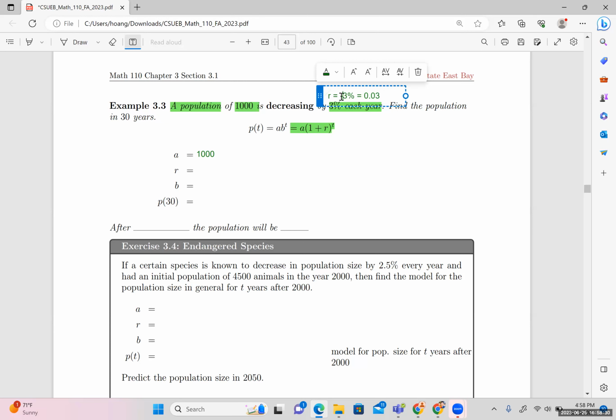I would like to have a negative here, so that means it's negative 0.03. And that means the base will be 1 plus negative 0.03. So then I will have 0.97.